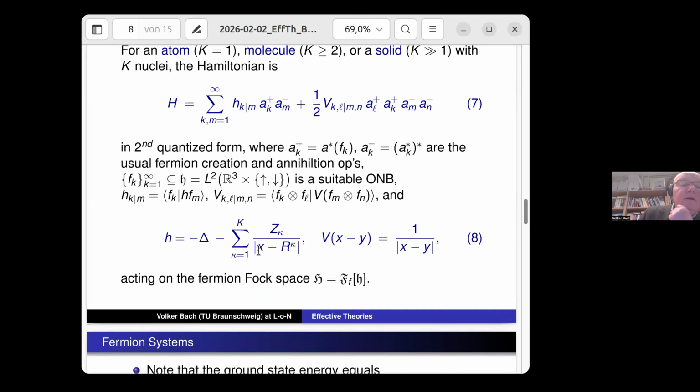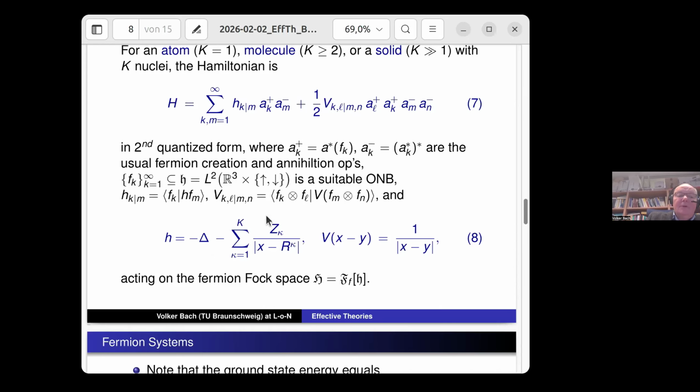I specify the one-body operator and the pair interaction operator in equation 8. The one-body operator contains two parts. There is the kinetic energy, minus Laplacian in suitable units, probably multiples of 1/2 Rydbergs. And then we have the attraction by the nuclei. The nuclei sit at positions R_kappa and have a charge of Z_kappa.